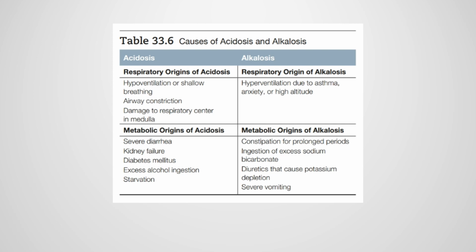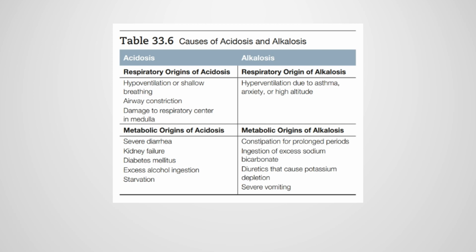So let's look at the conditions in the top left-hand corner, and they should make sense now. Hypoventilation or shallow breathing. Well, if you're hypoventilating because you were given an overdose of morphine, or you took too many benzodiazepines, too many sedatives, you're not going to blow off your CO2.